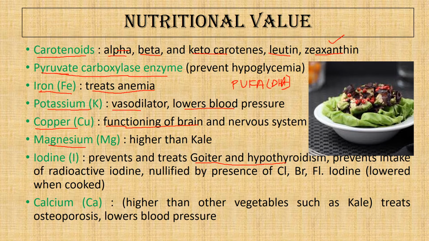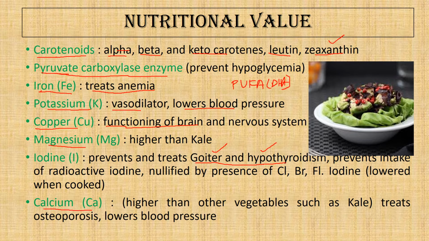Hypothyroidism is caused due to an inactive thyroid gland or deficiency of iodine in diet. These are the two iodine deficiency diseases that can be treated with a dulse diet.